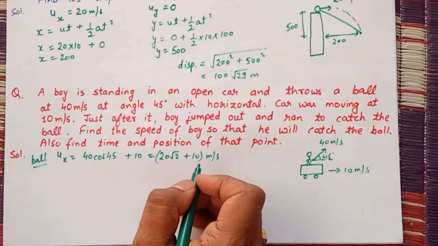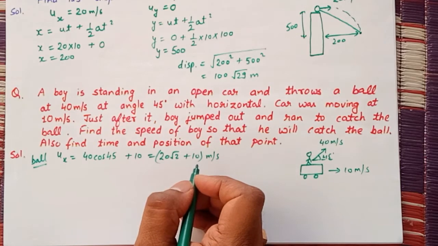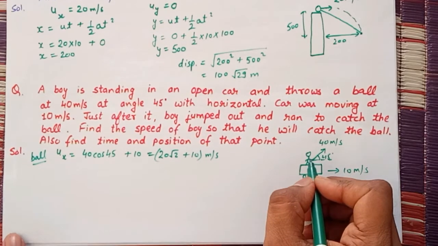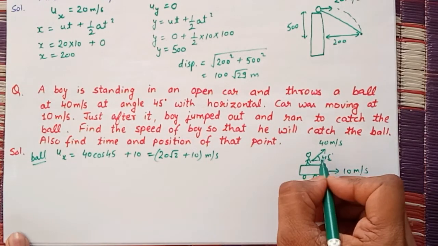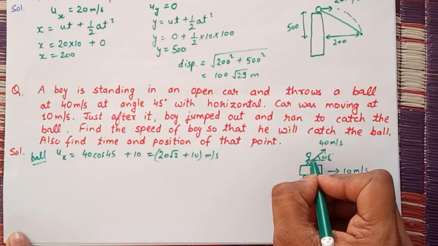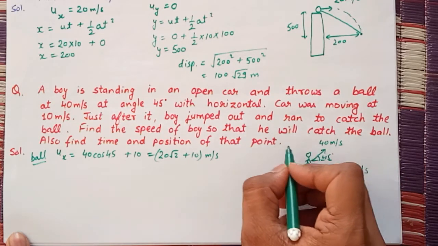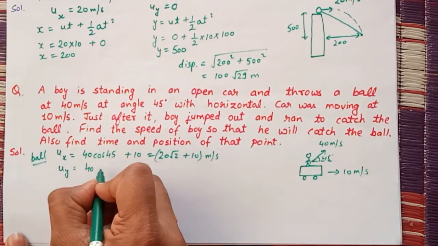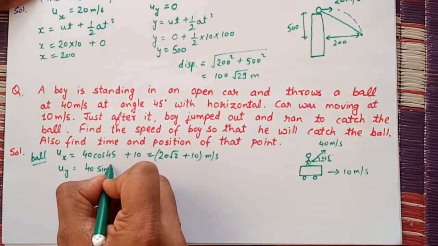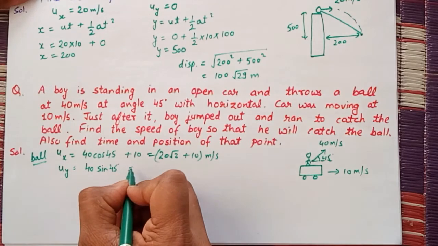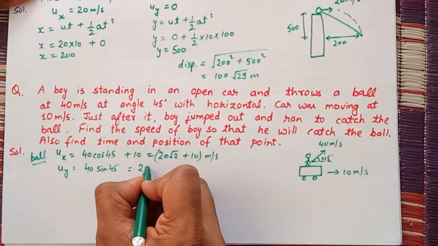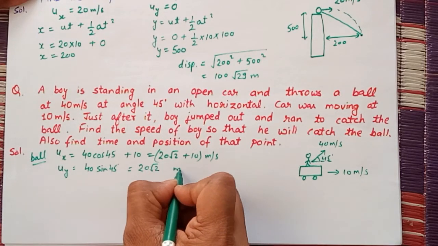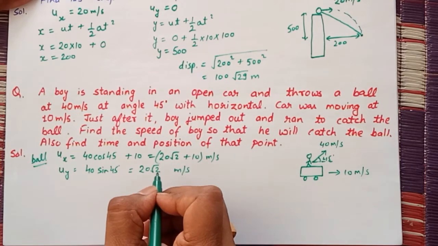Similarly for the vertical direction, uy will be 40 sin 45, and it will be equal to 20 root 2 meter per second.